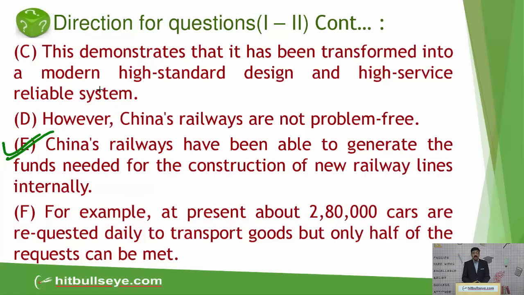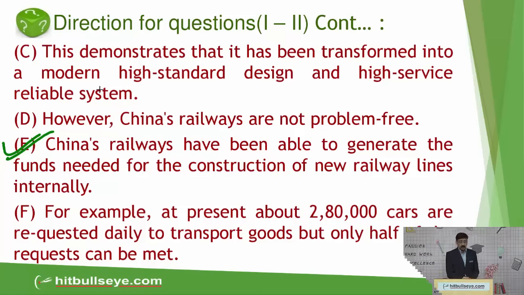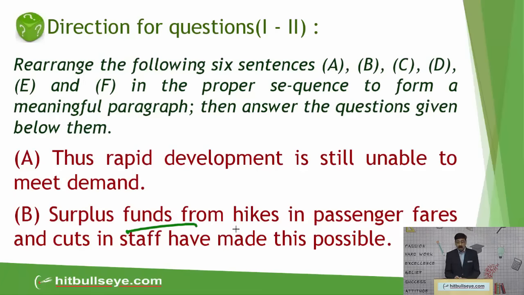So the next sentence, talking about how they were able to generate surplus or more funds, is given in sentence B: surplus funds from the hikes in the passenger fares and cuts in the staff have made this possible. It means they were able to generate funds for the development. So after E, B will come.